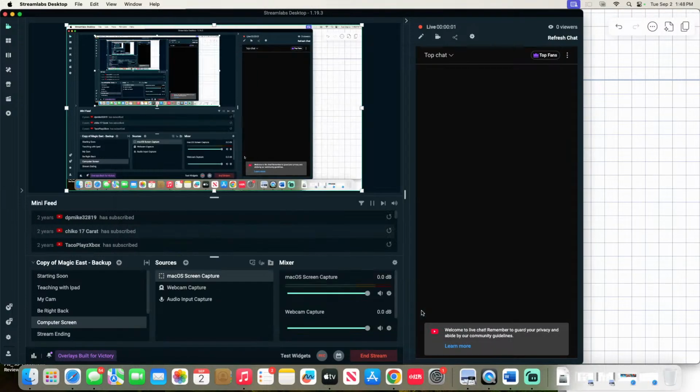Probably fix your camera. It's okay. Webcam capture should be in the front on the top. It's not even showing. Why is it not showing? Webcam capture is not even showing, so it doesn't really matter. It's on the top though.